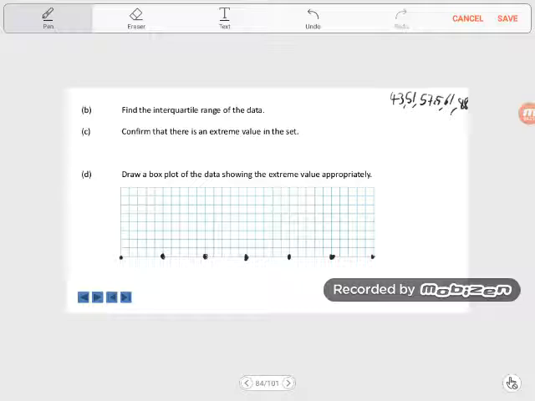Okay, so straight away in part B we're asked for the interquartile range. Well, that's Q3 take Q1. 61 take 51, which is 10.